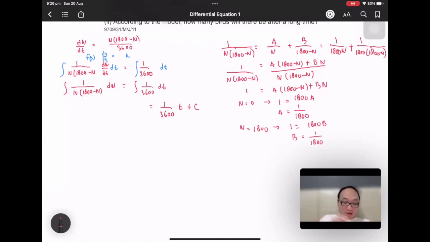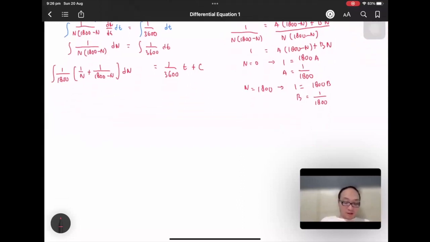I can factorize the 1 over 1800, so 1 over 1800 times (1 over n plus 1 over 1800 minus n) dn.